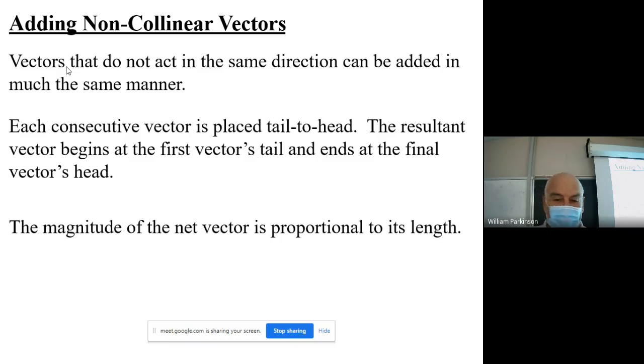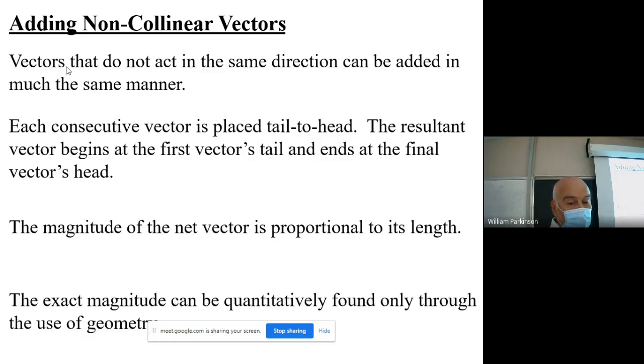Then the magnitude of the vector has something to do with the length of the resultant. So maybe the words here don't do justice to what I'm going to show you. The last statement is saying that if you are real clever with geometry, you can get it exactly. The next to the last statement is saying from the picture, you can get an idea of the magnitude.